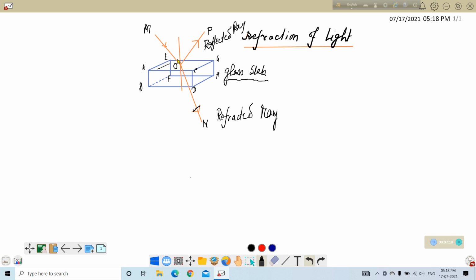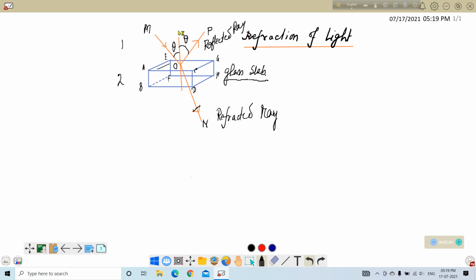And the bending, now notice this angle is theta. In accordance with the law of reflection, this angle is also theta. But when the light enters from one medium to another medium, suppose this medium is medium number 1 and this medium is medium number 2, it bends, either towards the normal or away from the normal.